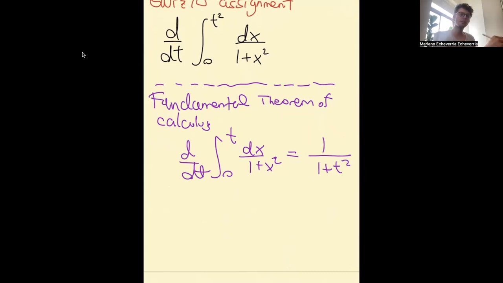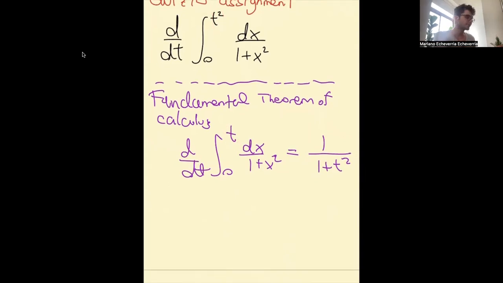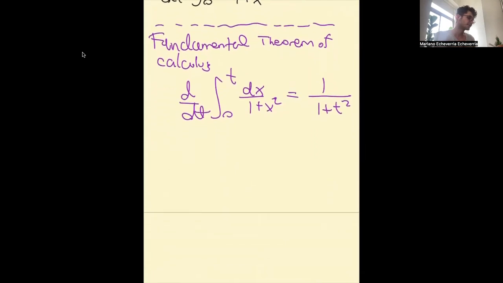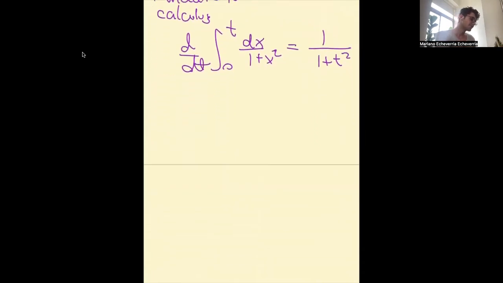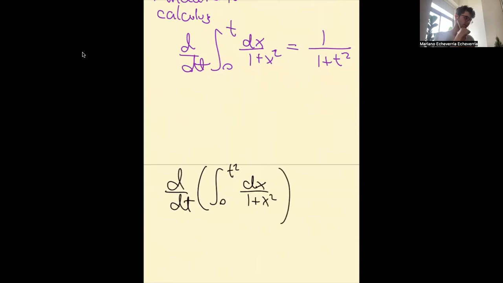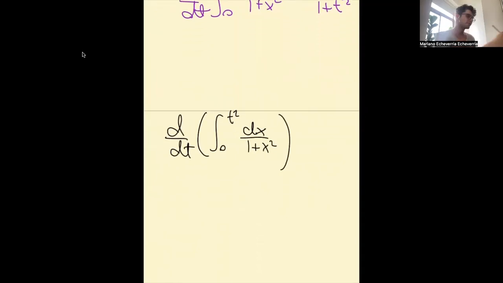The problem now is that we don't have t on the top. We have a t squared, right? So we have to treat this as a chain rule problem. What do I mean by chain rule?